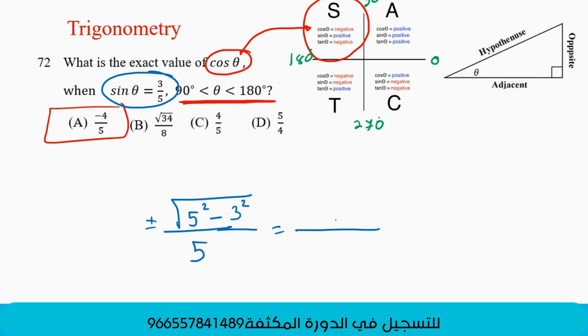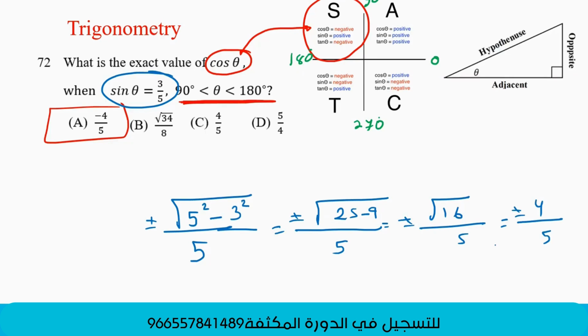So this is going to be plus or minus 5 over the square root of 25 minus 9. So this is going to be plus or minus 5 over the square root of 16. So this is going to be plus or minus 4 over 5. And since this is in the second quadrant, we're only going to pick the 4 over 5. Easy? So the answer is the same, 4 over 5.